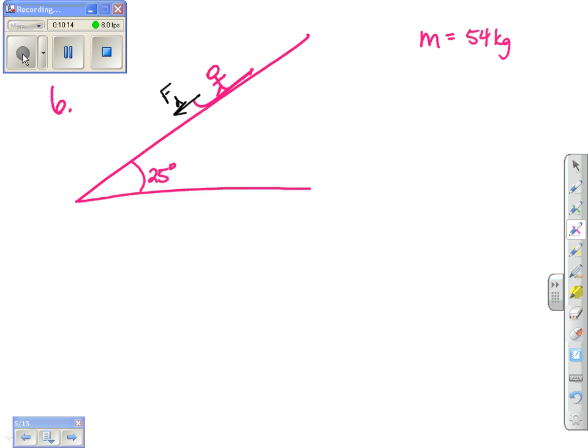So, things we know. This force is mg. It's gravitational force. So my blue force is going to end up calculating out to be 54 times 10, which is going to give me 540 newtons. All right, so this is 540 newtons, and that's a bad 540 newtons.